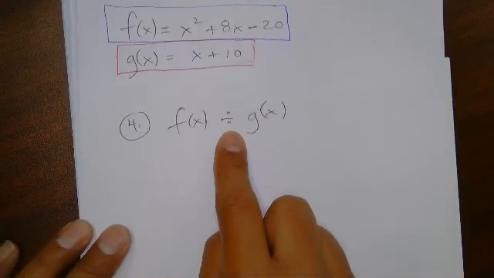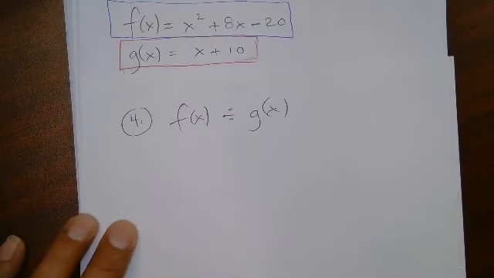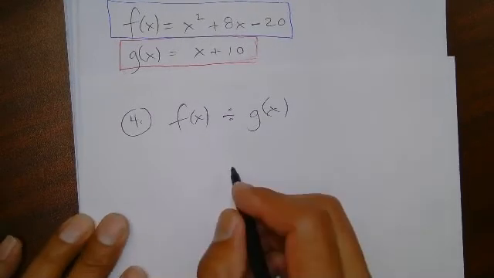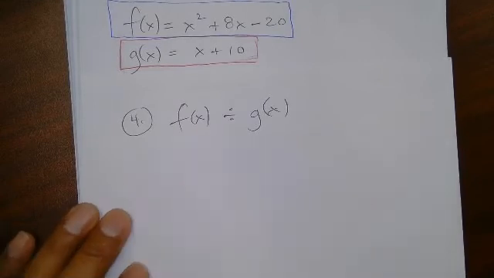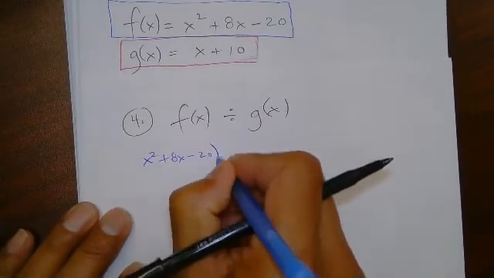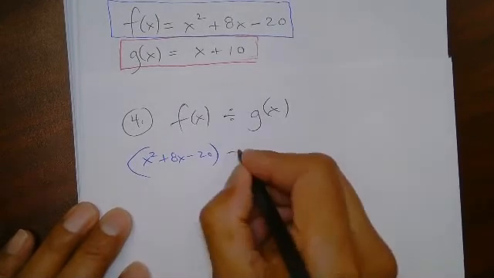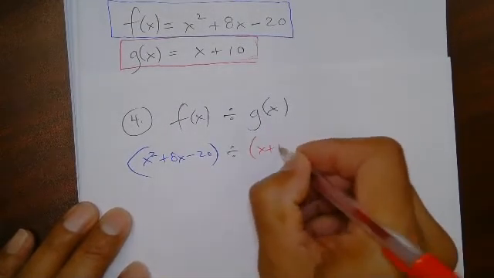What does f of x divided by g of x mean? It means this. You could put this function divided by this function, which is x squared plus 8x minus 20 divided by x plus 10, yeah.